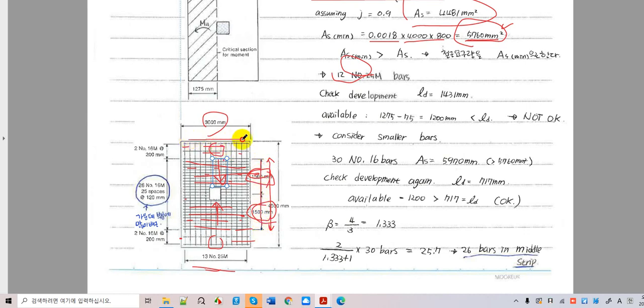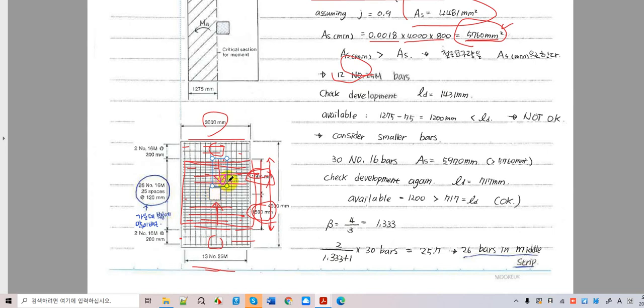So we have a 3 meter middle strip here, and in here we want to concentrate the transverse rebars. And then we're going to place the rest of the rebar outside of the middle strip. Simple, isn't it? Why? Because this middle strip is more severely subjected to the loading because the column is near, right?